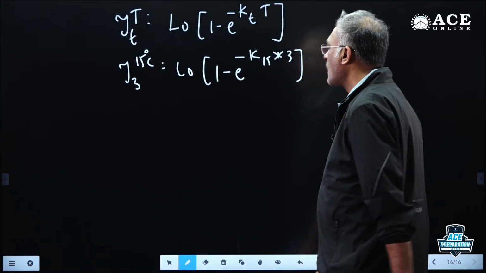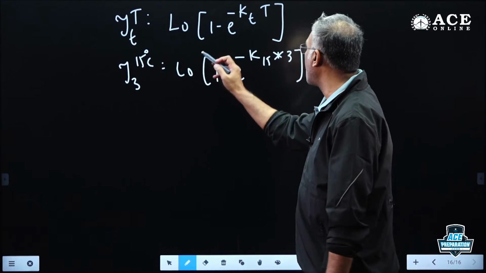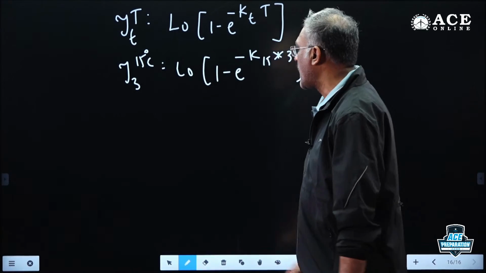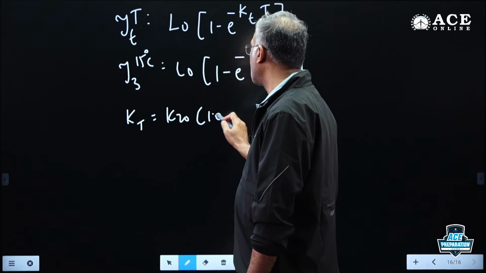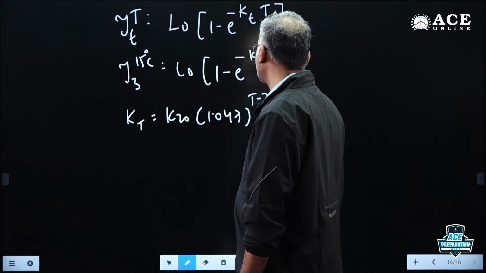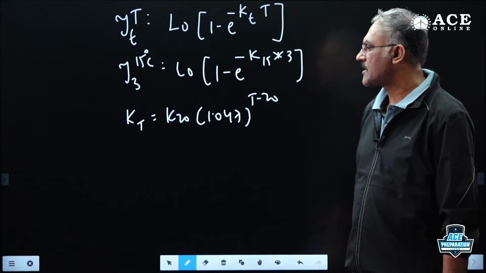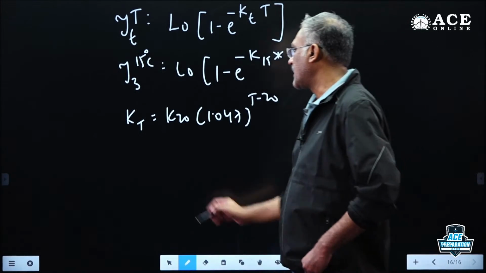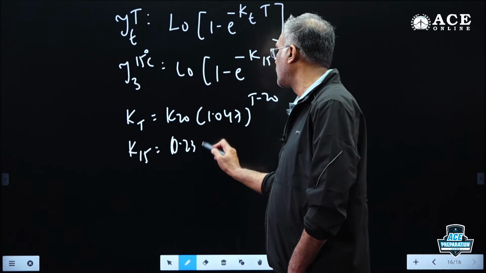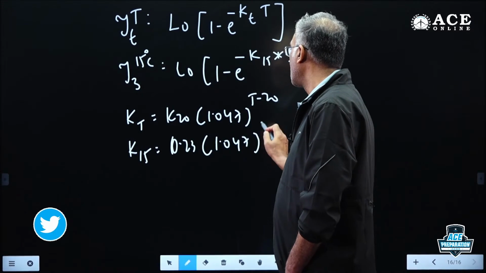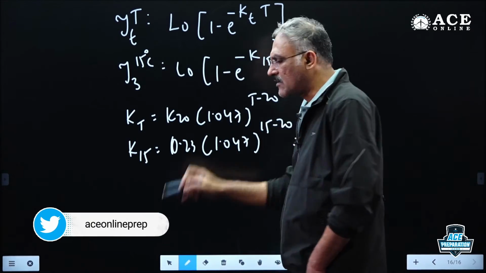This is the equation. But what is required here? L0 is required and K15 is required. K at any temperature you can write as K20 into 1.047 to the power T minus 20. Using this expression you can find K at any temperature. Therefore K15 is K20, which is 0.23, into 1.047 to the power 15 minus 20. Come on, work out this value quickly.